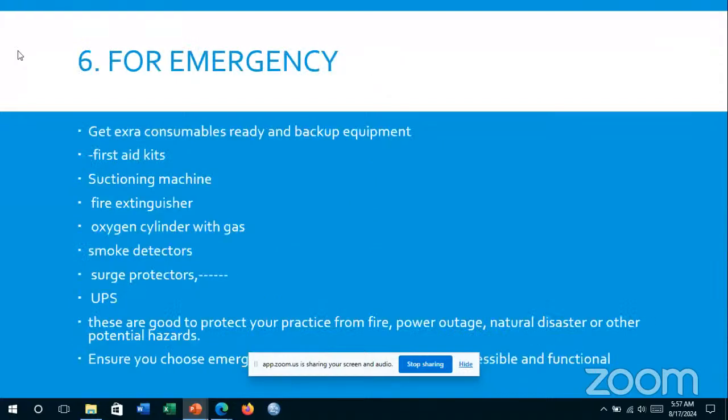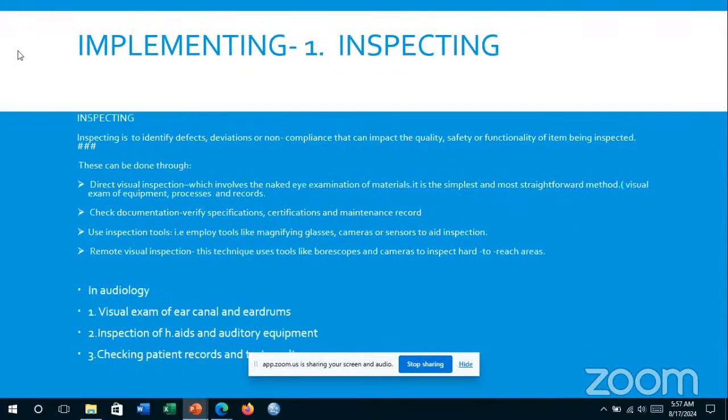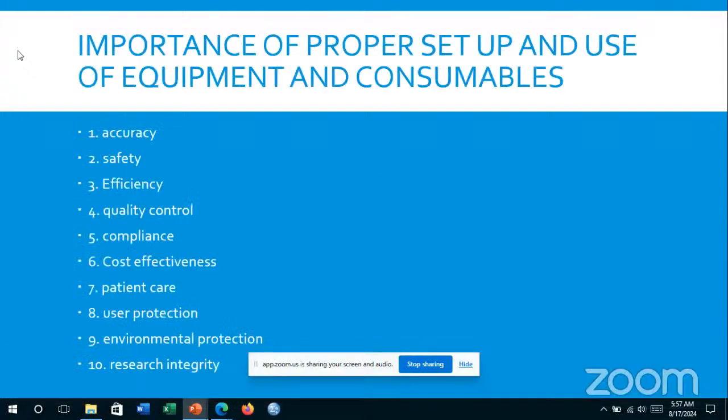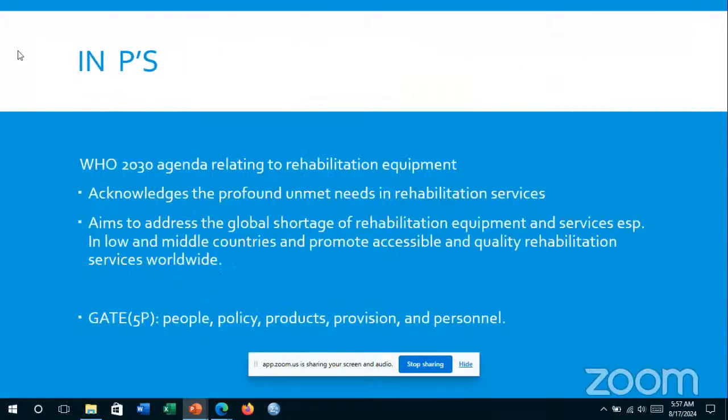You can have all medical supplies around, like gloves, masks, gowns. All these consumables are very, very important. The World Health Organization 2030 agenda relating to rehabilitation equipment acknowledges the profound unmet needs in rehabilitation service, because all these that I've mentioned, both in equipment and in consumables, cannot be all found on your desk, cannot be found in most of our hospitals in Nigeria here.